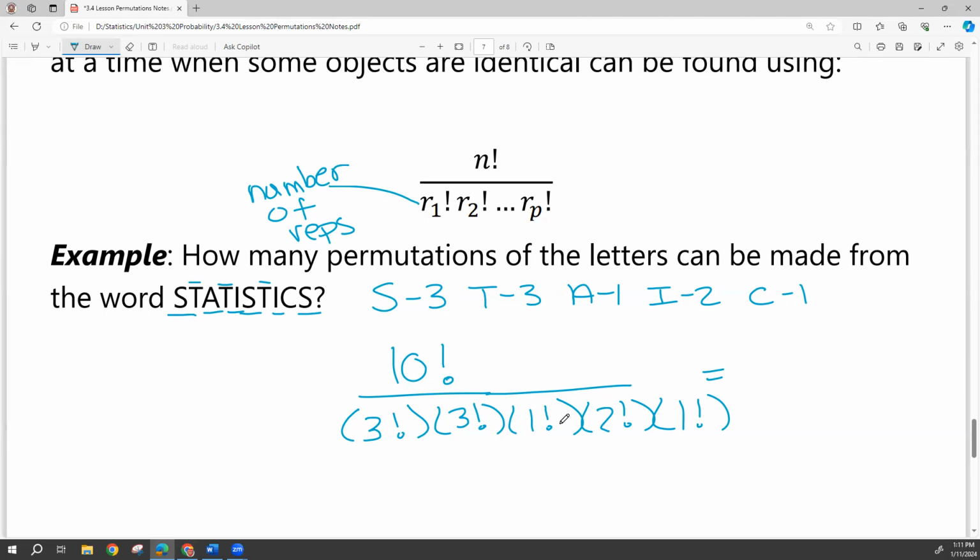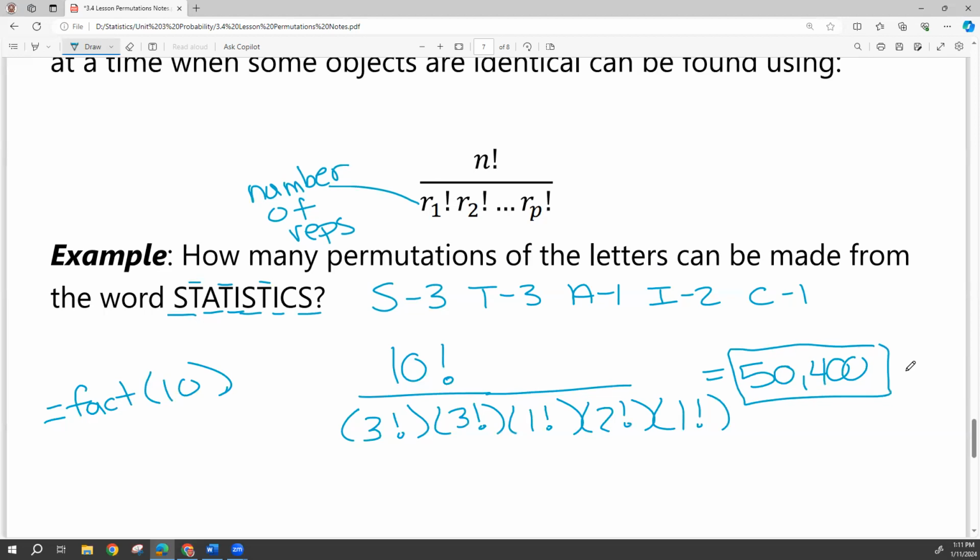You could use Excel to calculate this. The function in Excel for factorials is =FACT, and then in parentheses, you type the number you want to do factorial for. Whichever way you want to do this, if we calculated this all out, we would get 50,400 permutations for the letters in statistics. If you want some help putting this into technology, call me over and we can do it together.